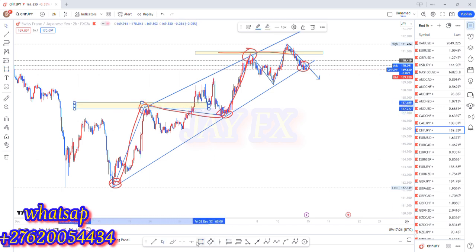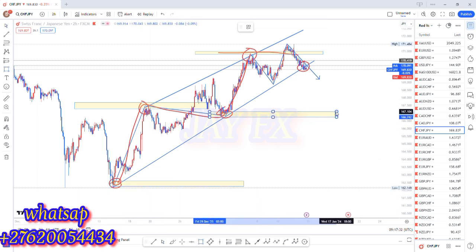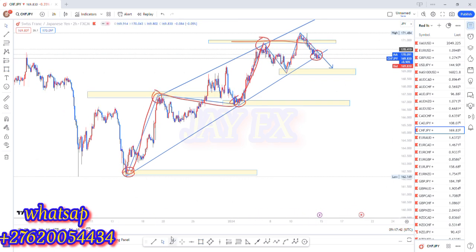It's easy to understand how the market creates levels and zones. You can see these were the supporters that the market created, right? Yeah, this is the previous support. So now when the market created this resistance, it is the same way it created this.